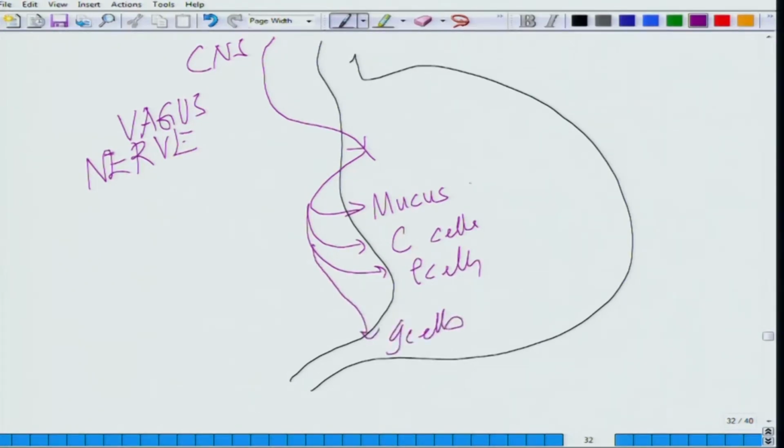Okay. And the mucus cells start secreting mucus, the chief cells start secreting pepsinogen, the parietal cells start secreting HCl, and the G cells start secreting gastrin.